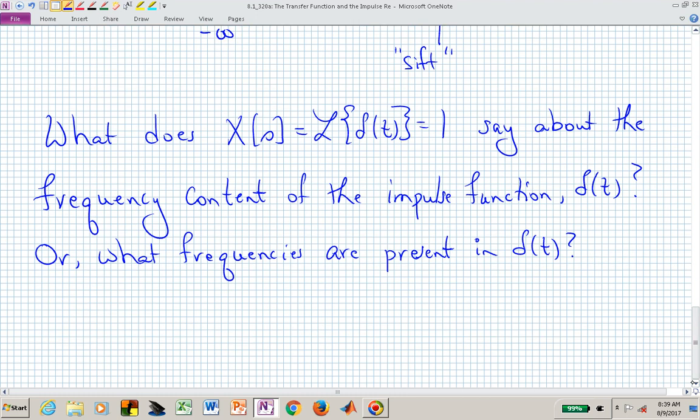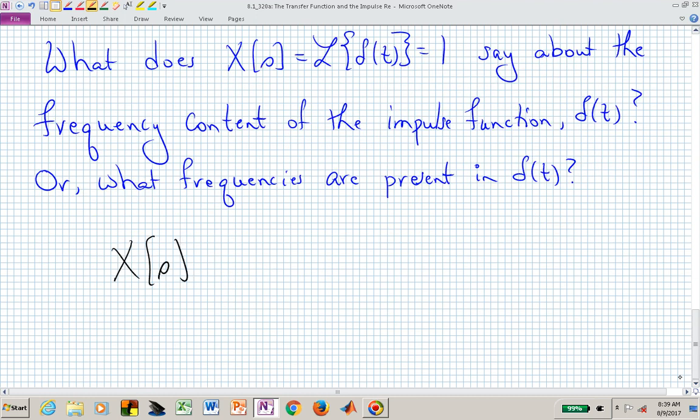And if we look at this, we can actually see that if we looked at X of s and asked, what's it going to look like at a given frequency, let's say s sub 0, then that's X of s sub 0. Again, this is when capital X of s is the Laplace transform of an impulse. We've just learned that that equals 1 no matter what s sub 0 is. So it's equal to 1 for all s sub 0.